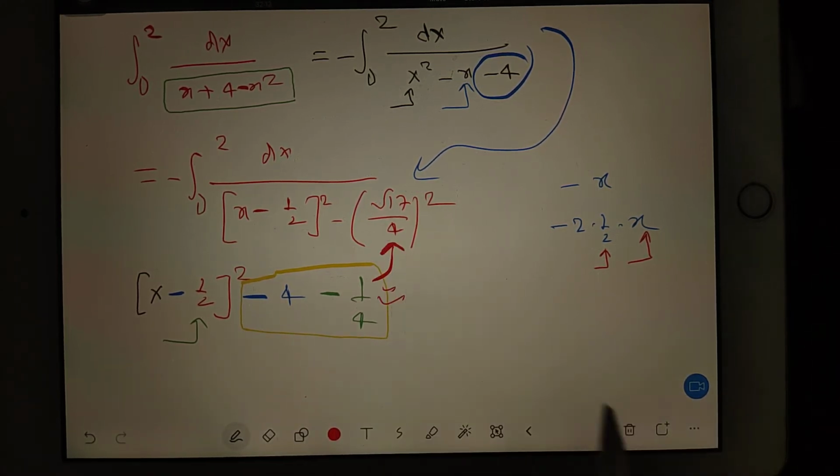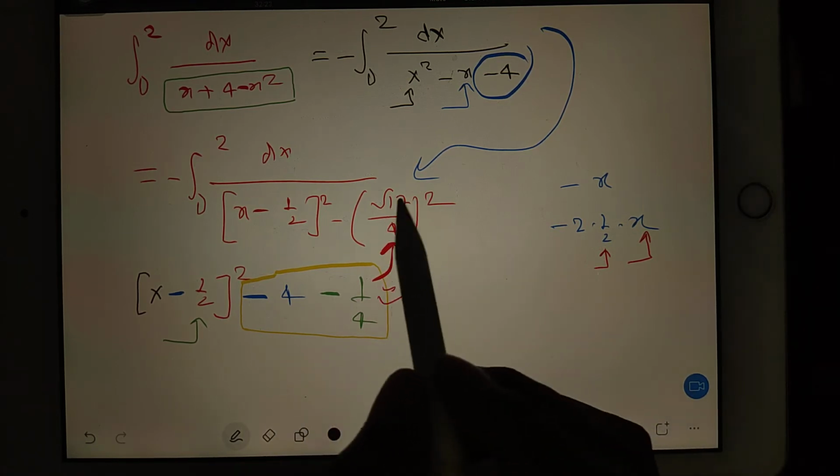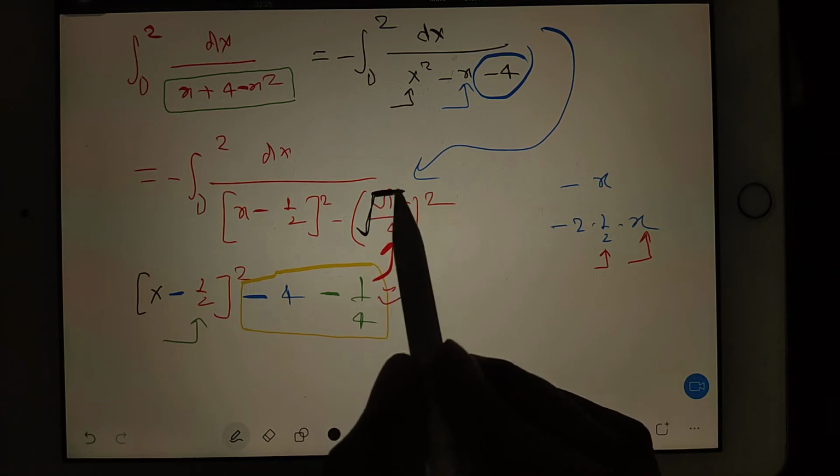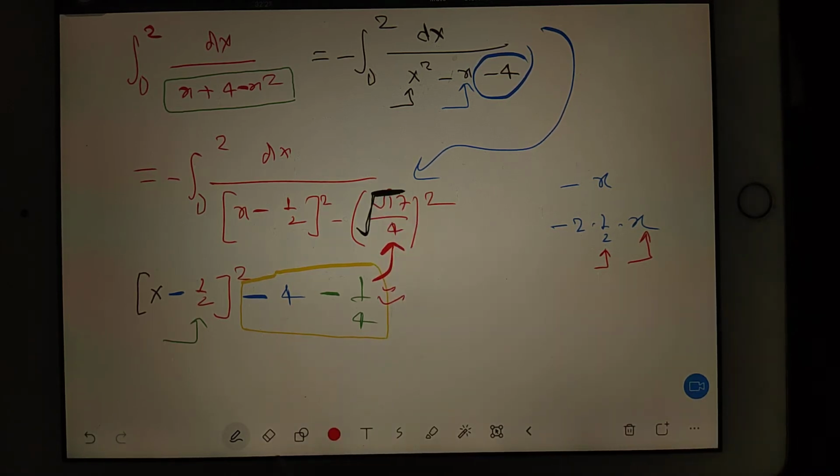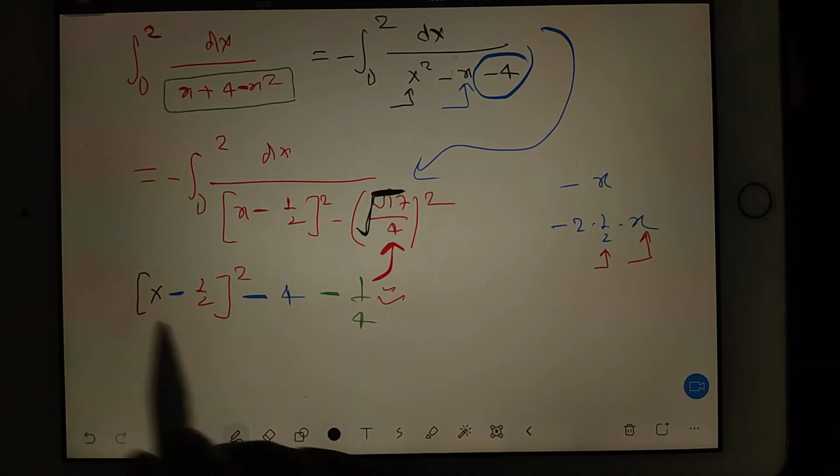So that's what I am writing as under root 17 by 4 whole square. This total is 17 by 4, so the root will be there for everything. I hope the step is clear, and after that you will be using the direct formula.